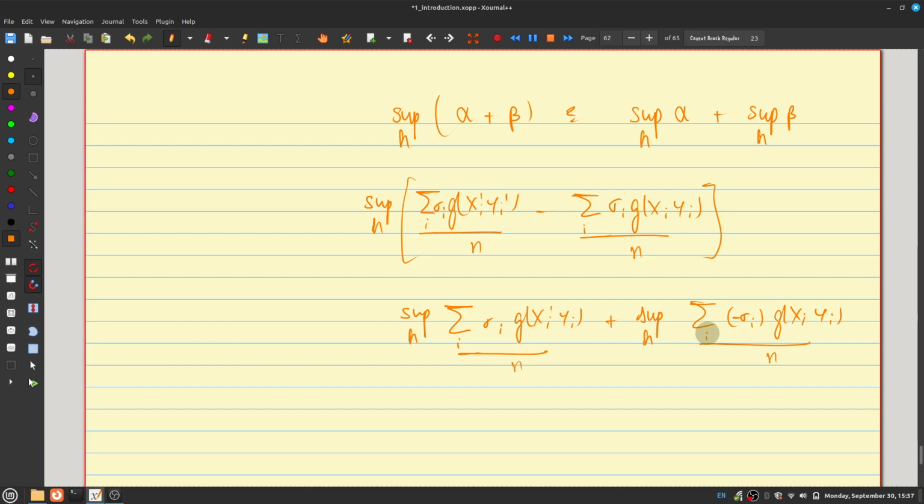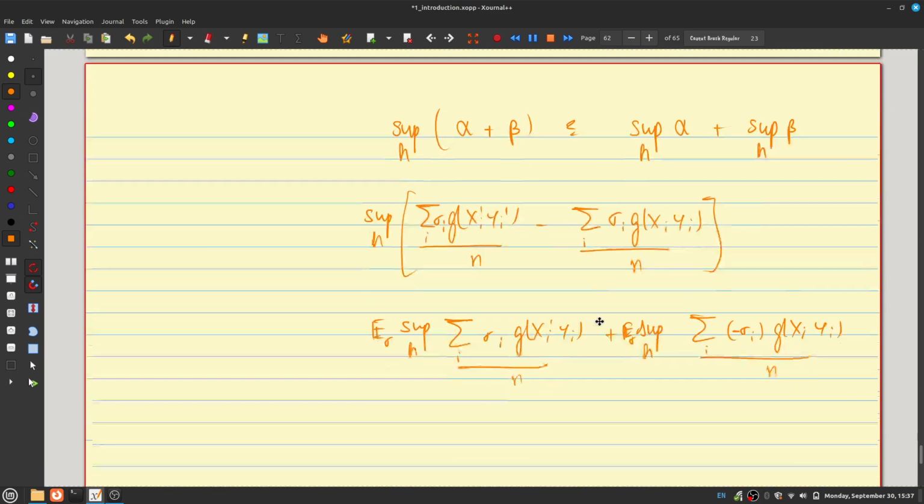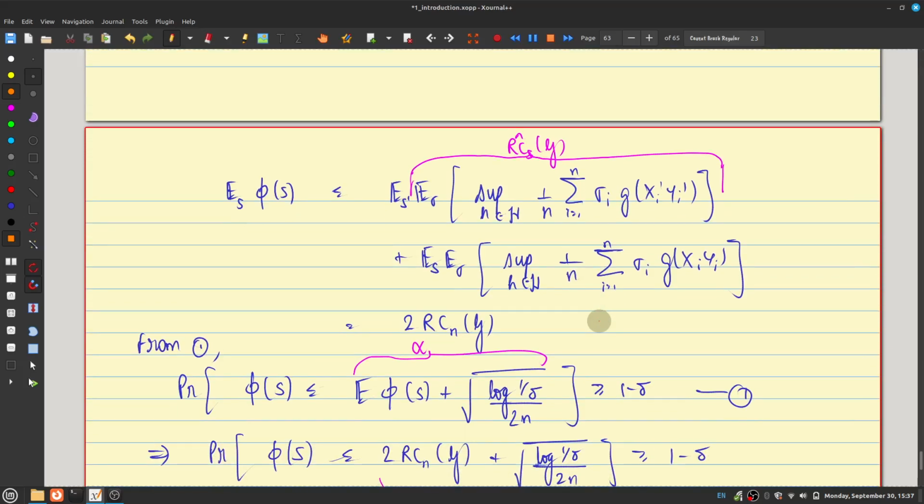But I have an expectation with respect to sigma. So sigma i's are random variables which are plus or minus 1 with probability half, and have the same distribution. That's it. Any other questions?